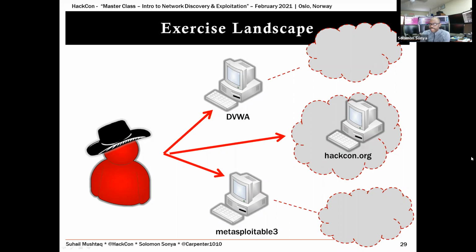We will also be reaching out and touching some things on hackcon.org. This is another machine that's in our internet cloud out there somewhere. And then Metasploitable 3, created by Offensive Security. There is a Metasploitable 2 and a Metasploitable 3. There's also a Windows and a Unix version.